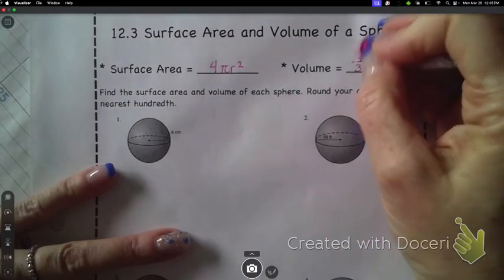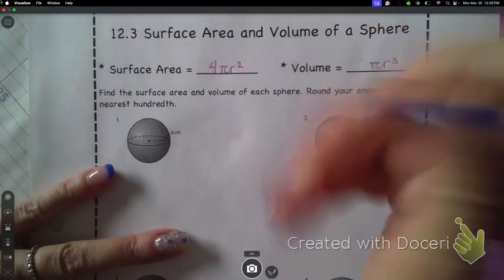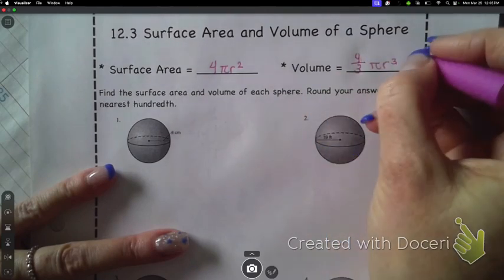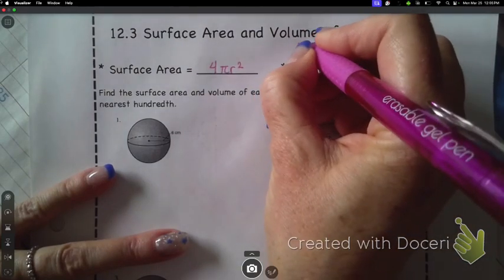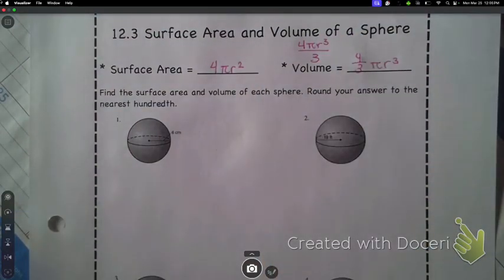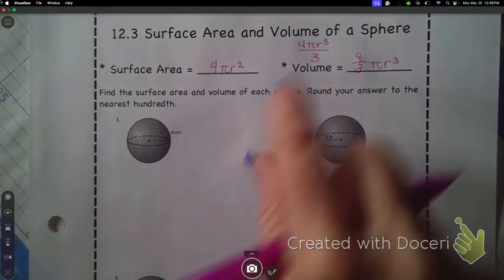So it's 4 thirds times pi r cubed. You can also write it 4 pi r cubed over 3, if you like it like that. Same thing. Okay? Whichever one you like better, write it like that. I tend to like it like this.